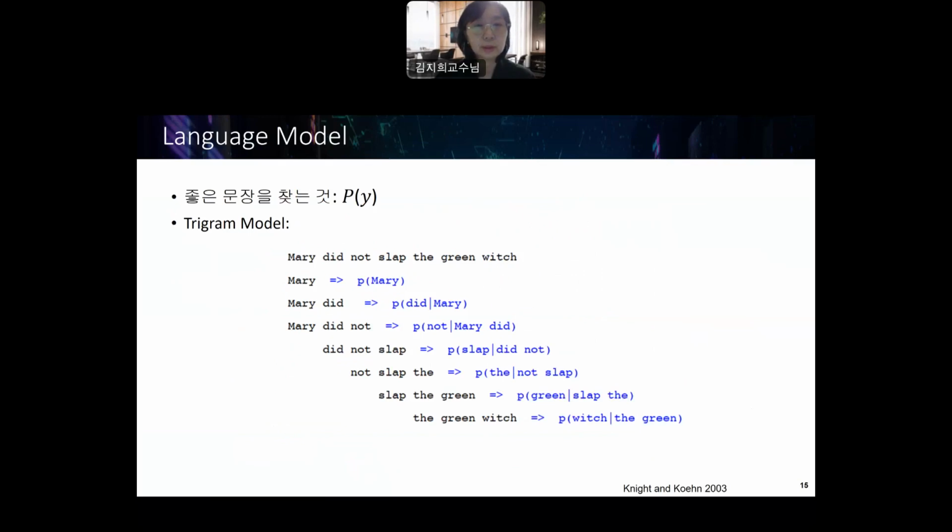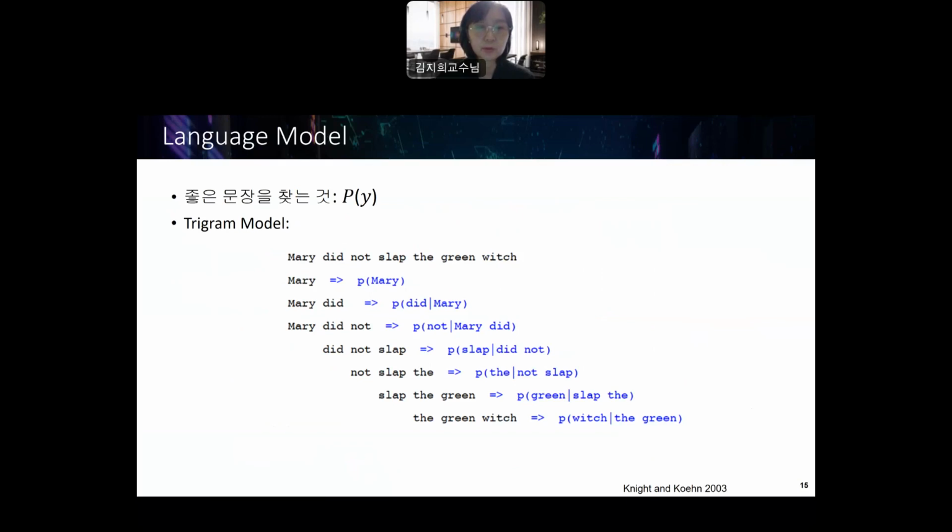And now we go to the language model part. We are trying to find a good, natural representation of the same meaning. So we say good sentences. And a language model oftentimes means unigram, bigram, trigram, four-gram, and so on. And if we look at this, it could be represented as probability of trigrams.